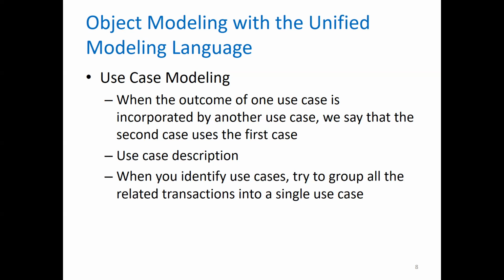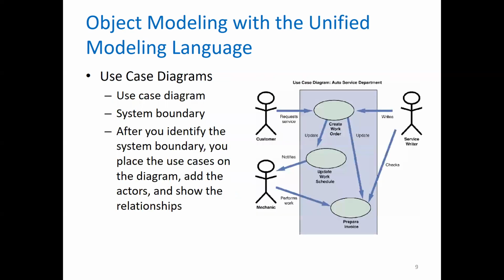So let's say you have a series of use cases which just deals with one common thing. You can group them up and call them by a single use case instead of having multiple use cases. Now remember, the more use cases that you have in your use case diagram or your use case model, the more complicated things become, because there will be way more interactions from the actors to the use cases. So the fewer, the better.